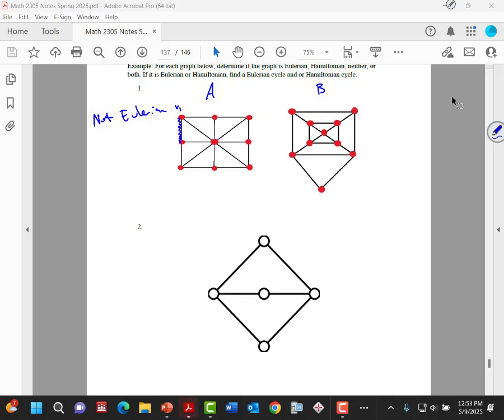We'll just come all the way, like so. I simply need to visit every vertex only once, and then end back where I started. Sure enough. So there is a Hamiltonian cycle. So this first graph is Hamiltonian.